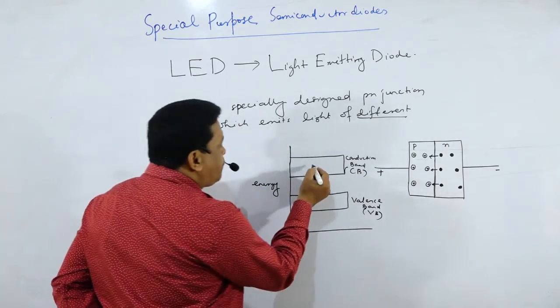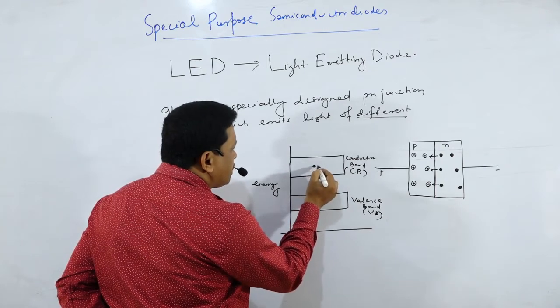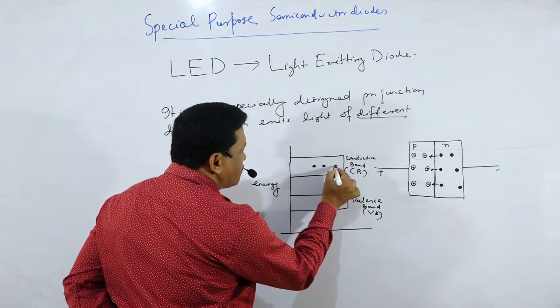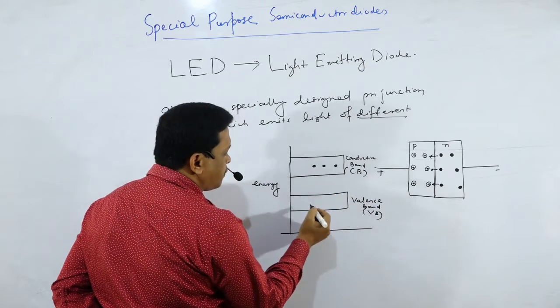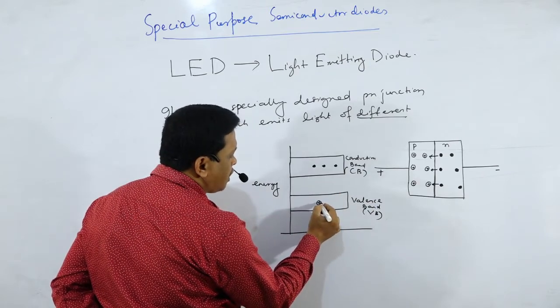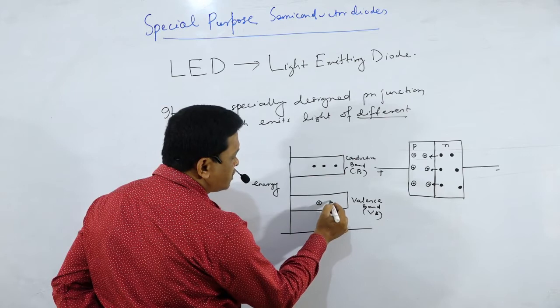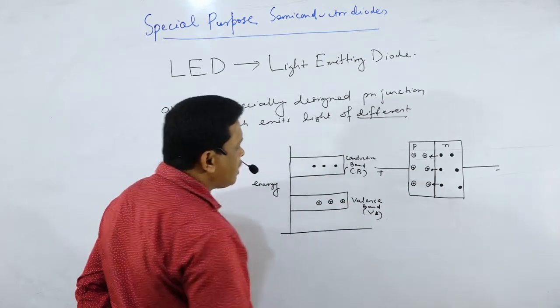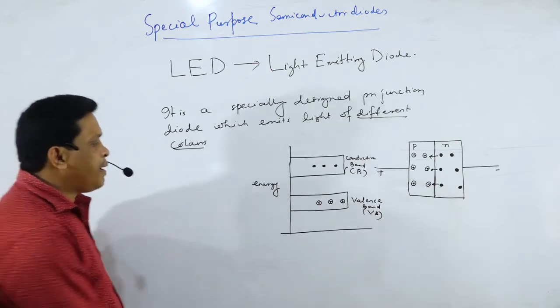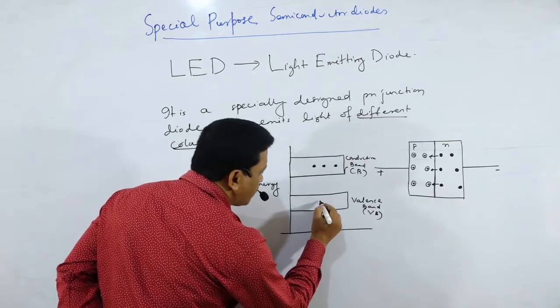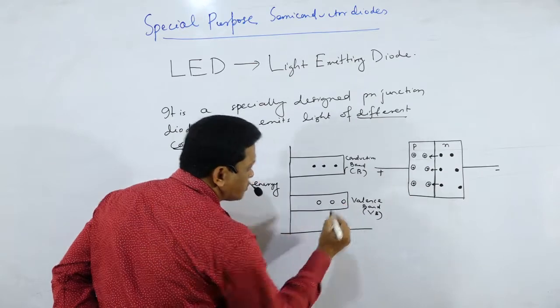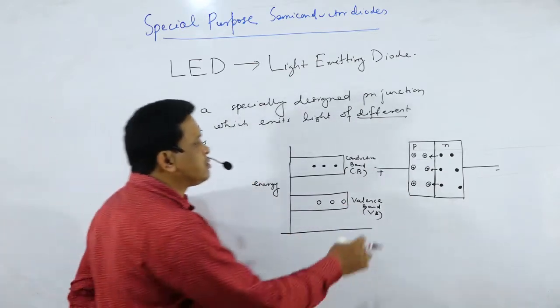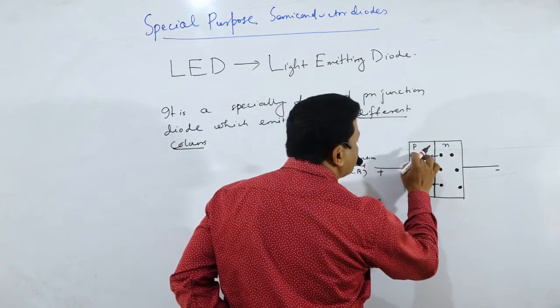So we find the free electrons in the conduction band, and holes, which are positive charge carriers, in the valence band. So these are the positive holes.